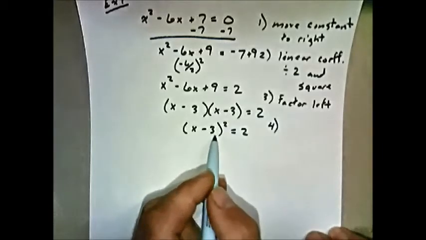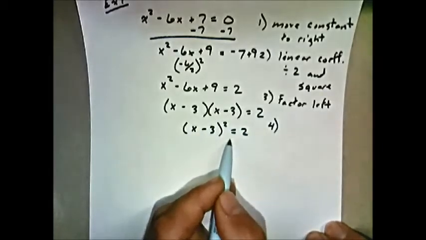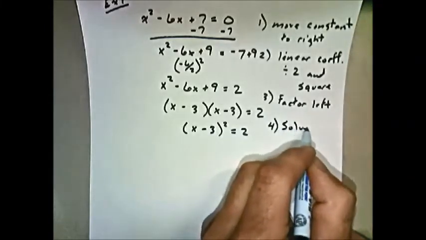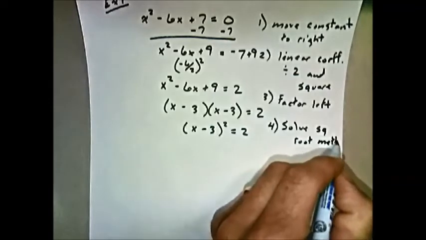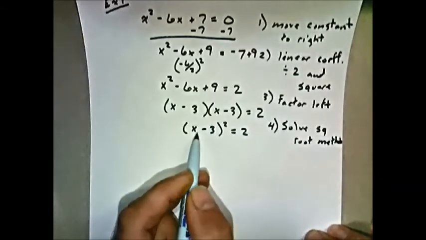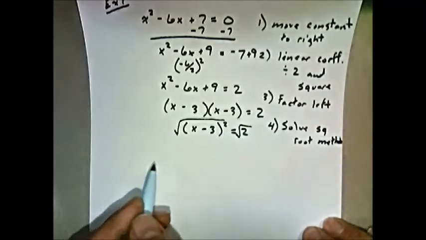The fourth step is to go ahead and solve by taking the square root method. And all the square root method tells us to do is to take the square root of both sides.